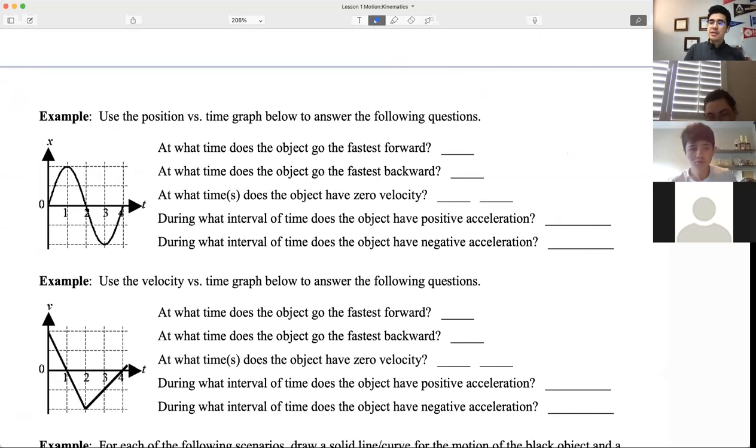This is a position versus time graph. When is the object moving the fastest? We'll answer 0, 1, 2, 3, or 4.